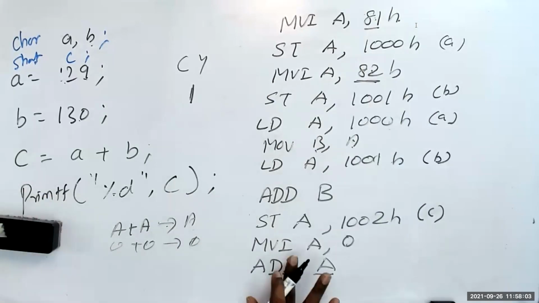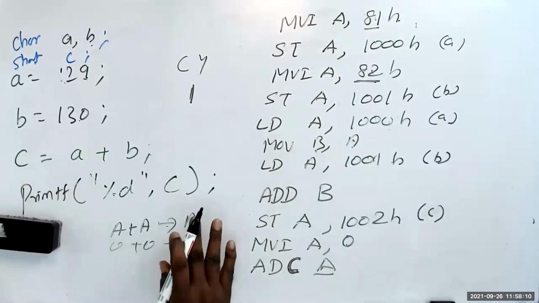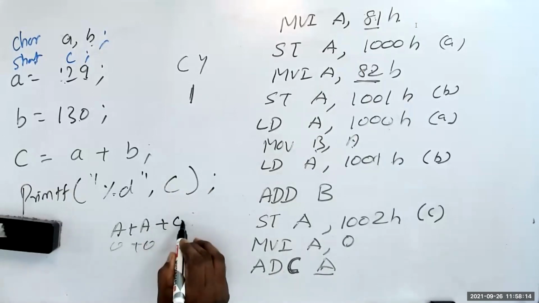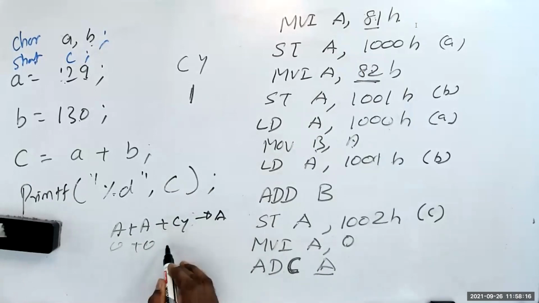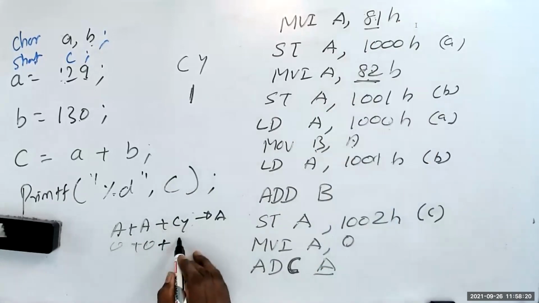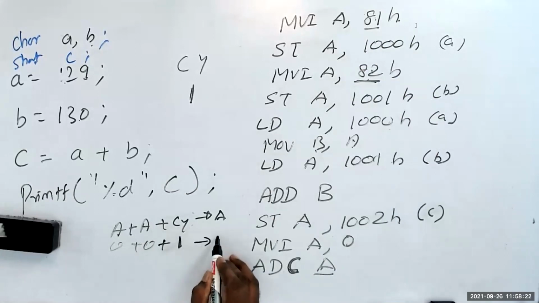I say now add carry, ADC A. Now what it does is A plus carry equal to A. So in this case, carry is set to 1, so A becomes 1.